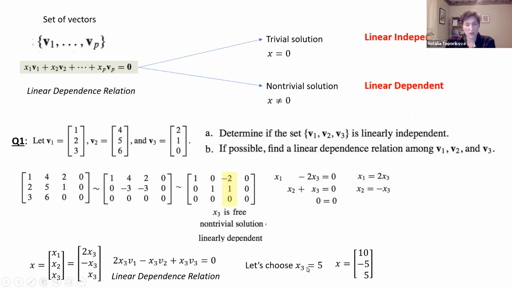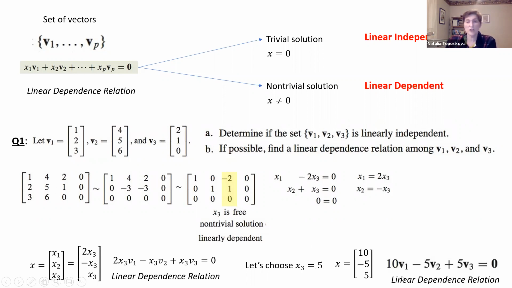And again, we multiply our x3 by 2, which gives us the entry equal to 10. We multiply x3 by -1, which gives us -5, and the third entry is just x3, which is 5. And you probably noticed that this vector looks much friendlier than that one.